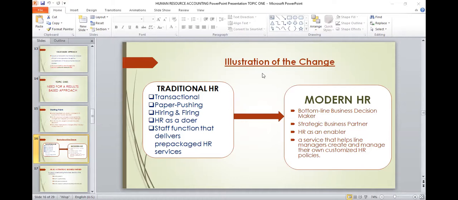It's not the time to wait for the line managers to do all this by themselves, but it is the time for us to step out and help the line managers to achieve the organizational goals by helping them to implement customized policies, not the prepackaged.